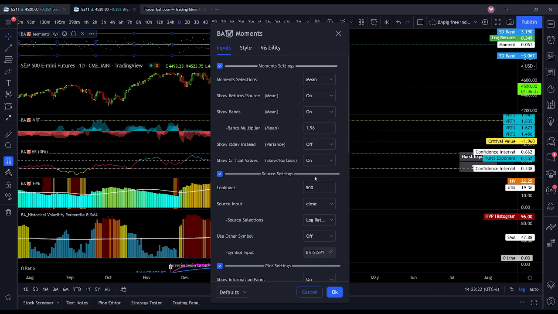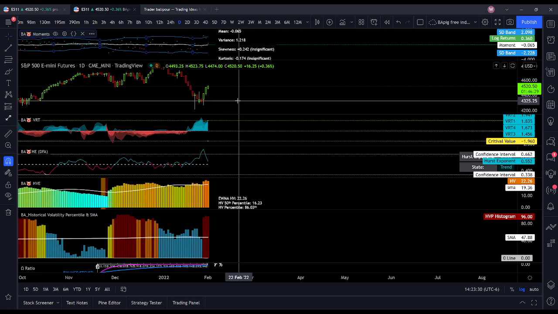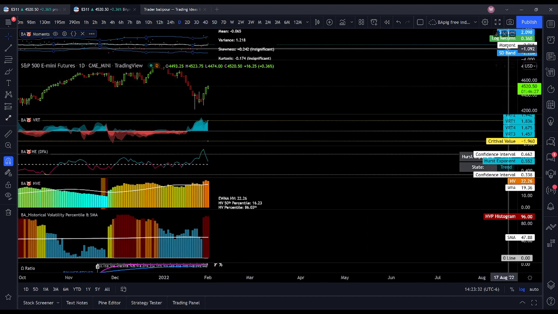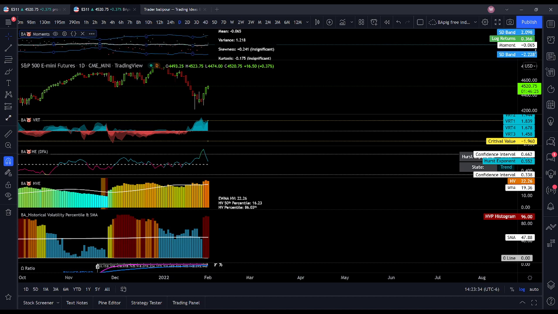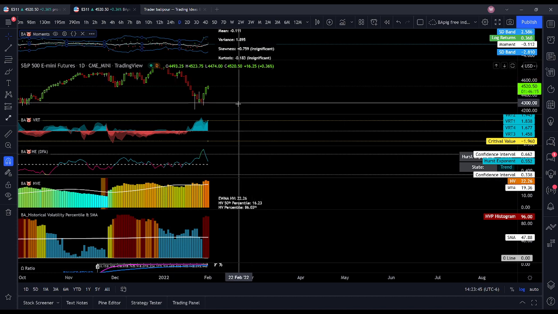And look back is set to 30, so maybe we should keep it at 30, just to be able to see, okay, well, mean's negative here. We're seeing some outsized returns right here, but maybe even putting it to 10 might give you a quicker signal.